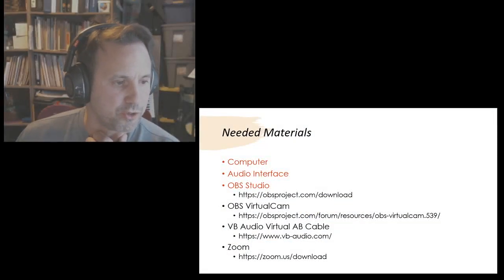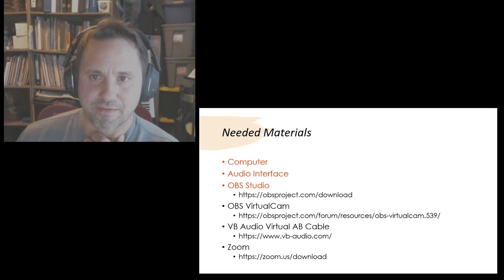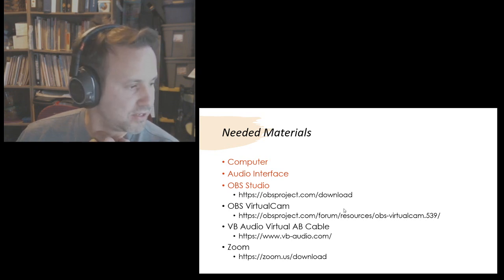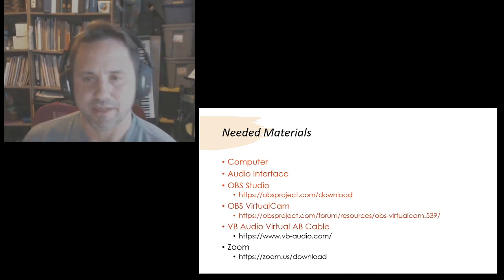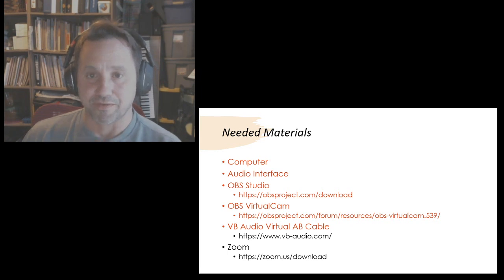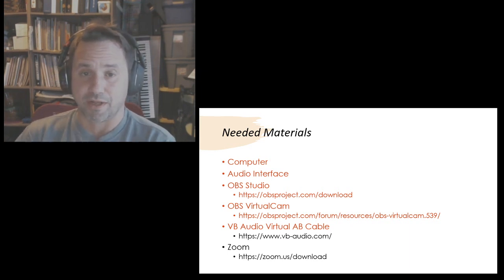So I'm going to assume at this point that you have installed OBS Studio. So now the next thing we want to do is install OBS Virtual Cam. Now, OBS Virtual Cam is a piece of software. It's a virtual camera, basically a software camera.